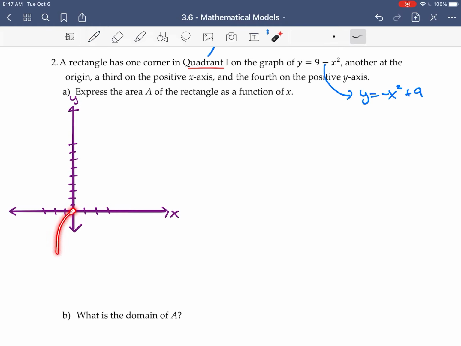It was like this, and then it was shifted up by 9. That means the vertex is going to be at 0, 9, and it opens down. The x-intercepts are going to be at negative 3 and positive 3. So this is what our parabola looks like.